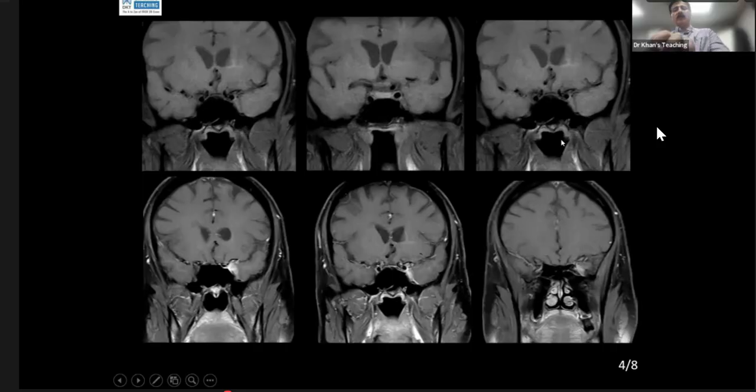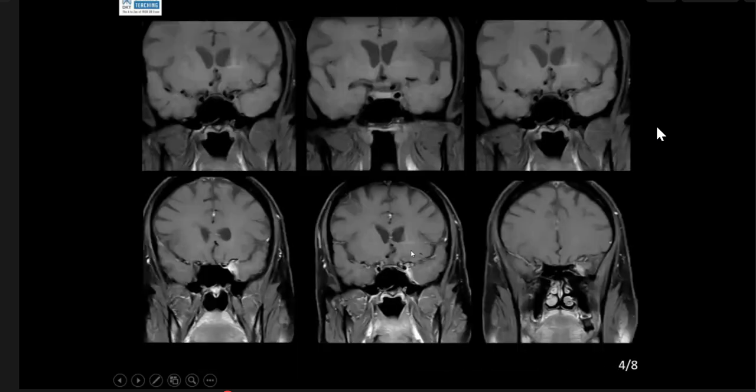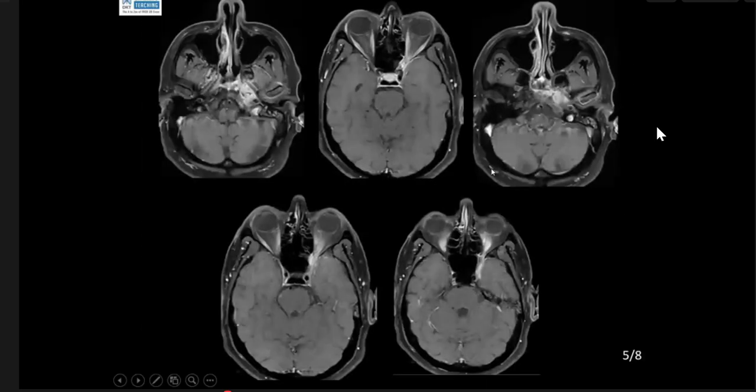Excellent. On this T2 there was a slightly different signal here, right? Yes, so I would think about cavernous sinus thrombosis, with pus or thrombus within the cavernous sinus as a complication of the inflammation within the petrous apex.